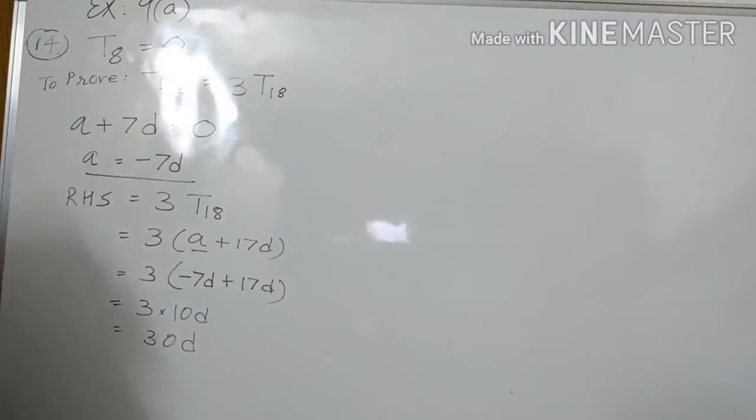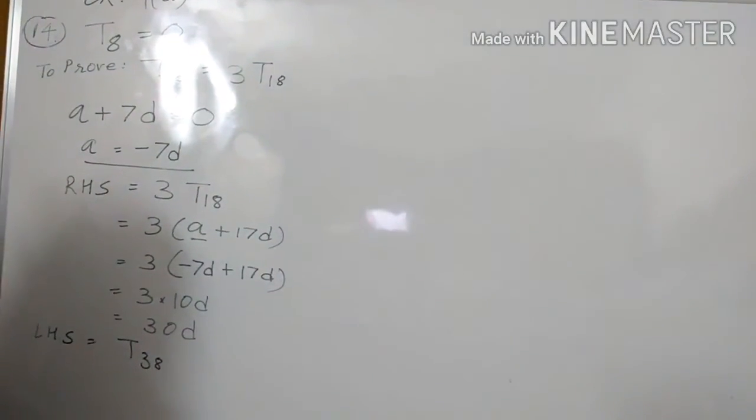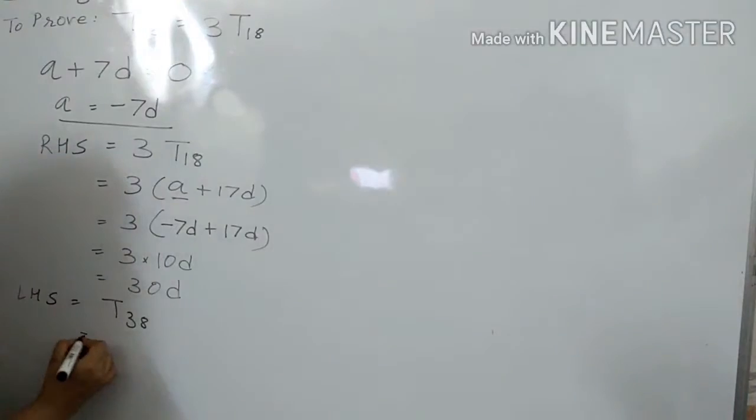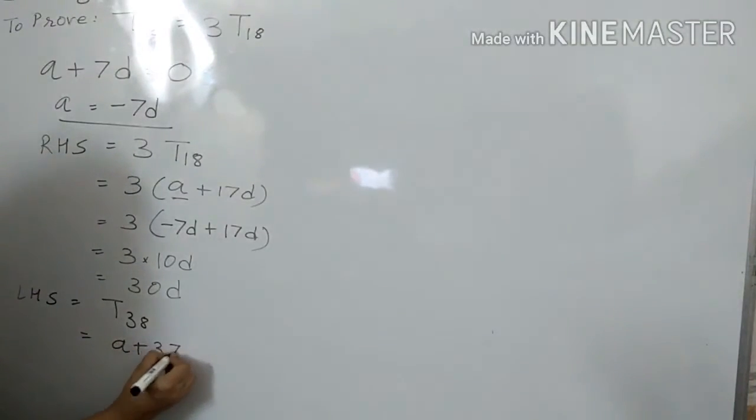Now the same we will find on the left hand side. Now I will prove the left hand side. Left hand side is T38, as already given. So here I will write a plus 37d, and the value of a is minus 7d plus 37d.